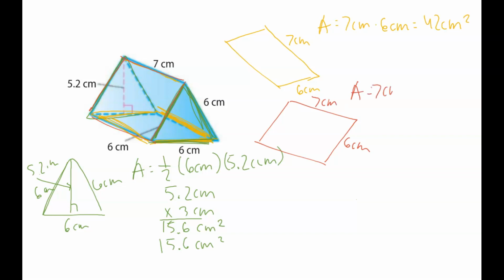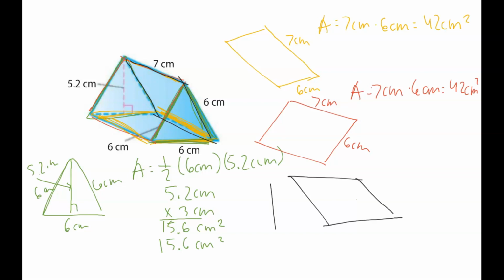So this is 7 centimeters times 6 centimeters, which is 42 centimeters squared. And then when I go to my rectangle on the right, which is over here, oops, didn't draw that very well, but there we go. This is going to be 6 centimeters, and that's going to be 7 centimeters. So again, the area of that is going to be 42 centimeters squared.